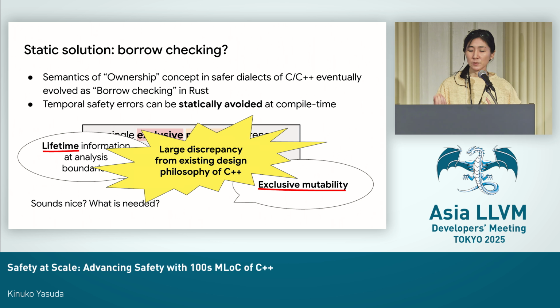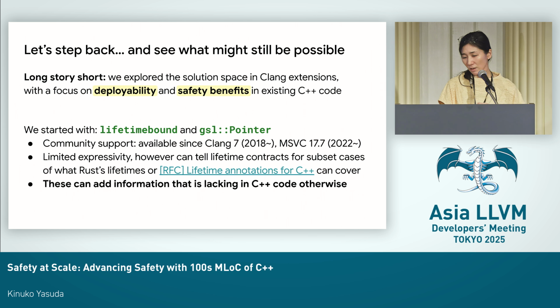This is a very deep topic, and we have had lots of discussions here. But long story short, we explored a solution that is deployable in Clang with language extensions. We started with lifetime-bound and the GSL pointer annotations. The lifetime-bound annotation has been available in Clang and also in MSVC for several years now, with relatively good community support.